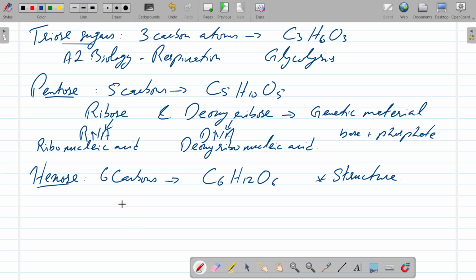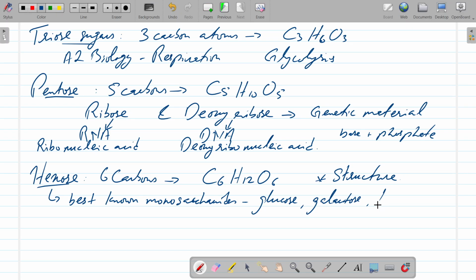Now the hexose sugars are the best known monosaccharides. Having glucose, galactose, and fructose, right?